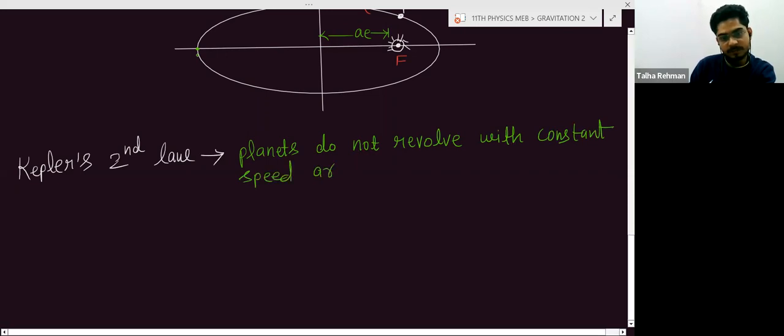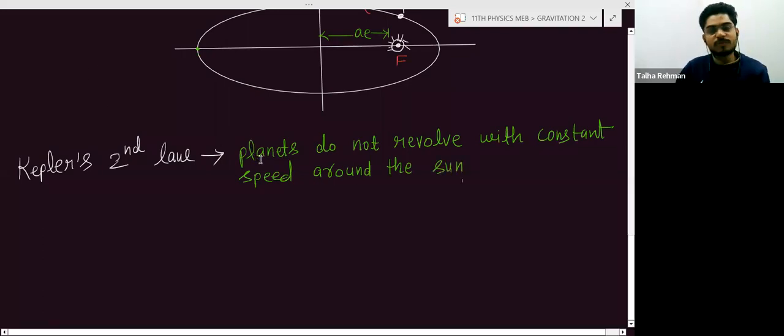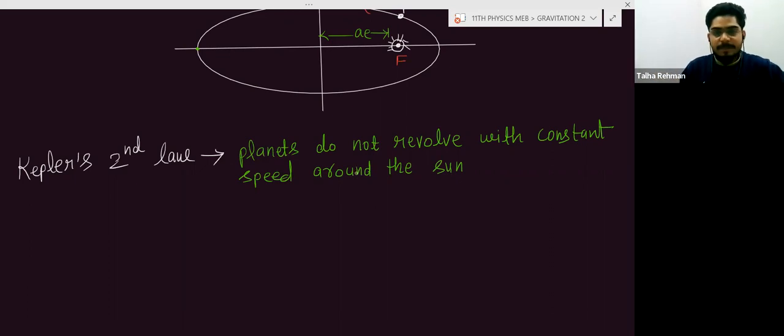Basically, this is the indirect form of Kepler's law I am writing. Exactly, the statement is something different, which we will discuss. Planets do not revolve with constant speed around the sun.